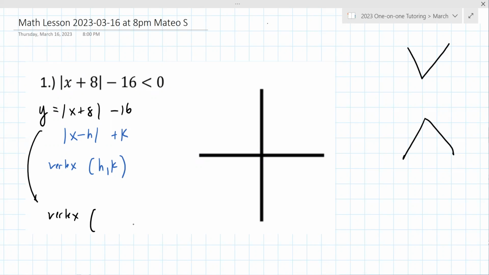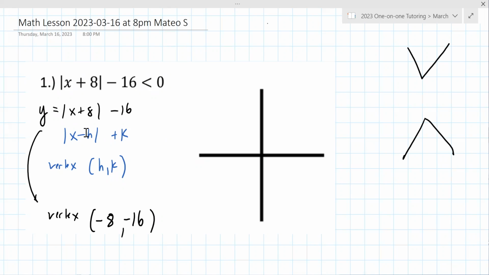Like, you mean the dot in the middle? Yes. What is the vertex here for this one? Yes, that dot. Okay, let me give you the first one. It's -8, -16. The h value comes from inside the absolute value. How does it become negative though?